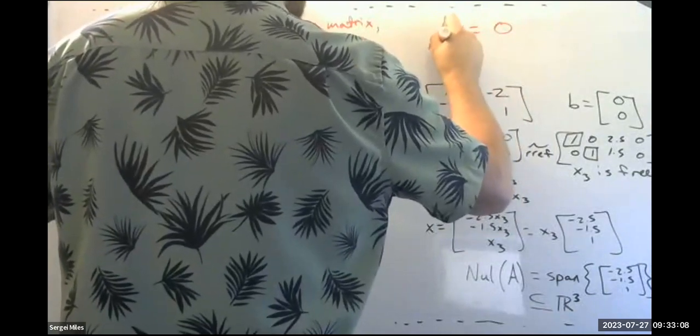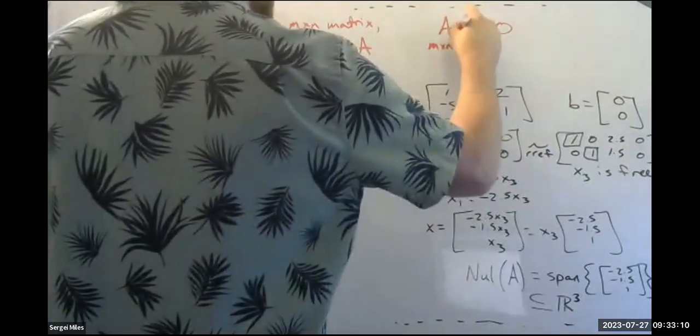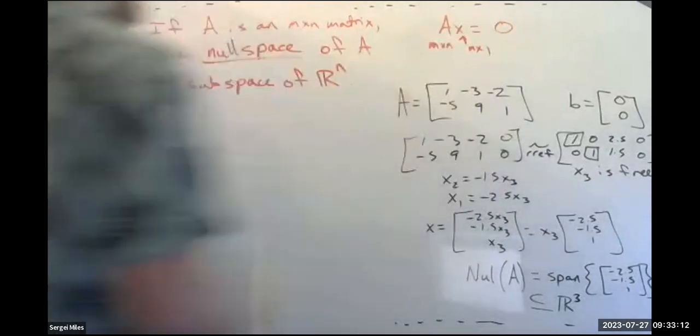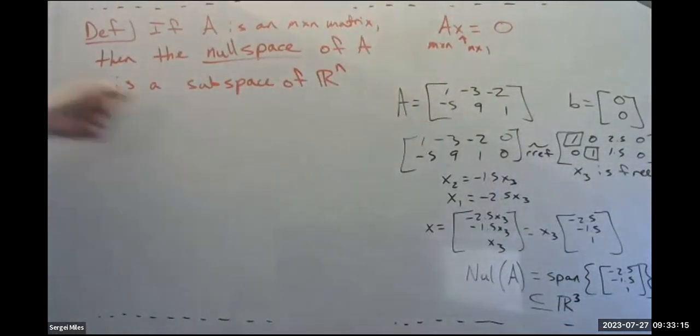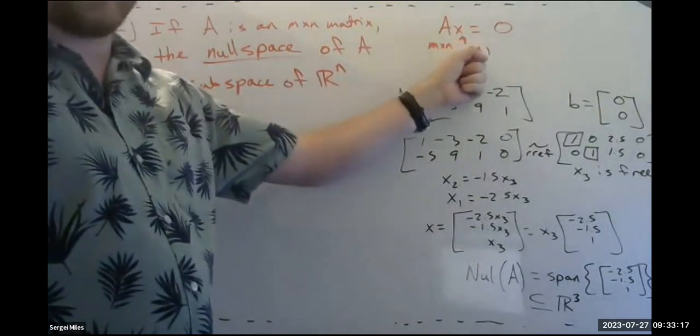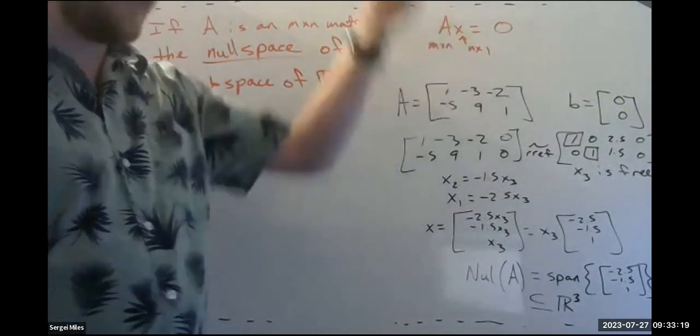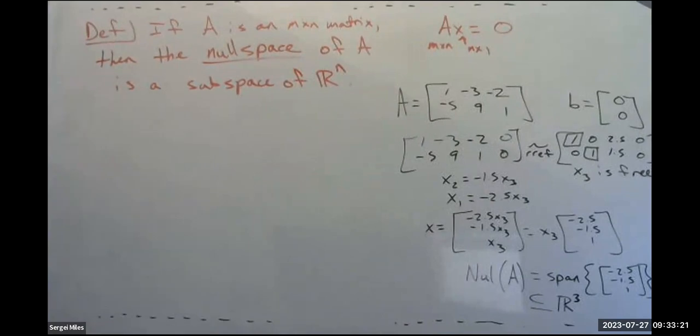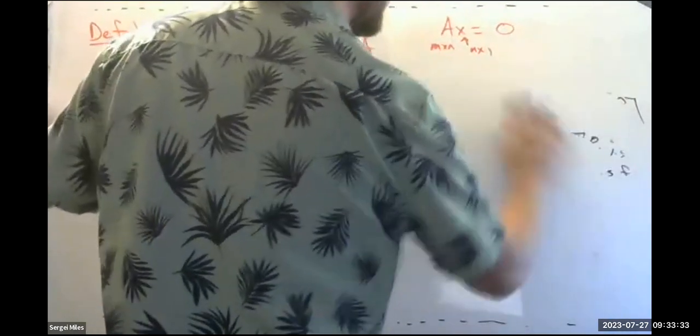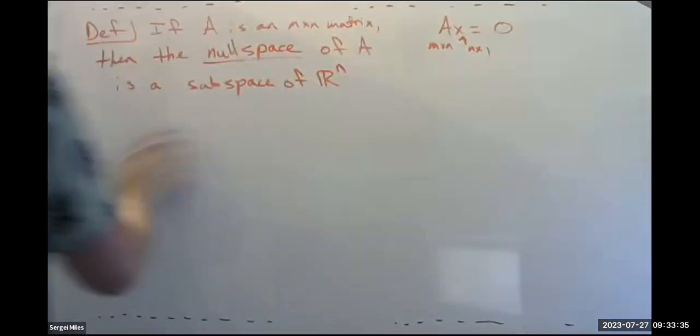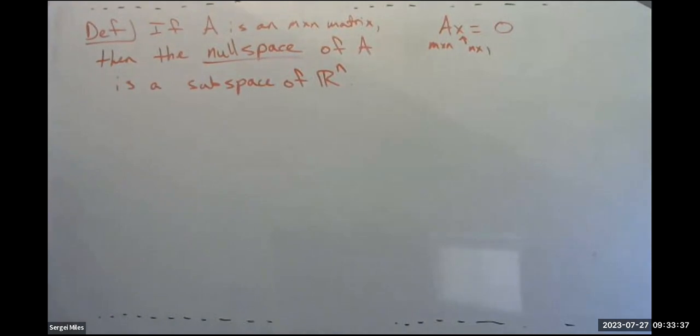If A is an M by N, that means X has to be an N by 1. And if the null space is a set of X's, and these X's have N entries, that means these X's are in Rn. So the null space is a subspace of the domain. This is a key point here, and we're going to draw a picture of this in just a moment. The null space is a subspace of the domain.